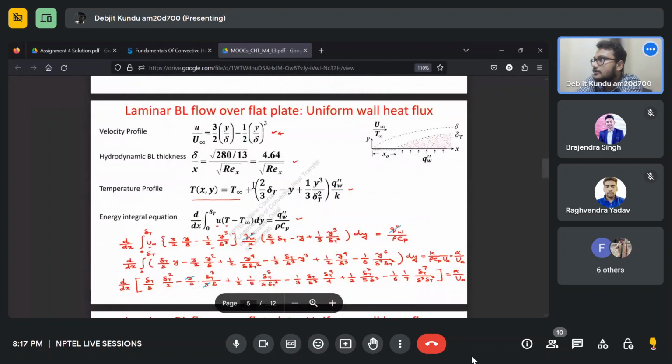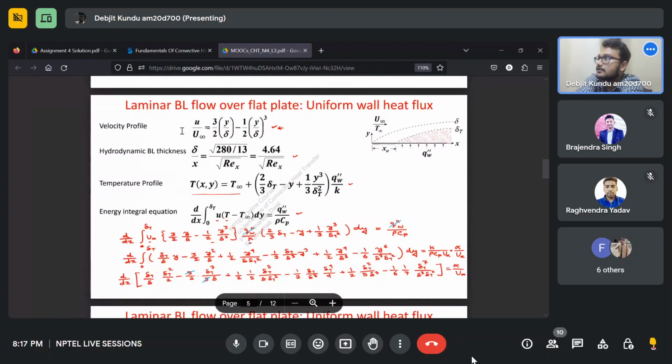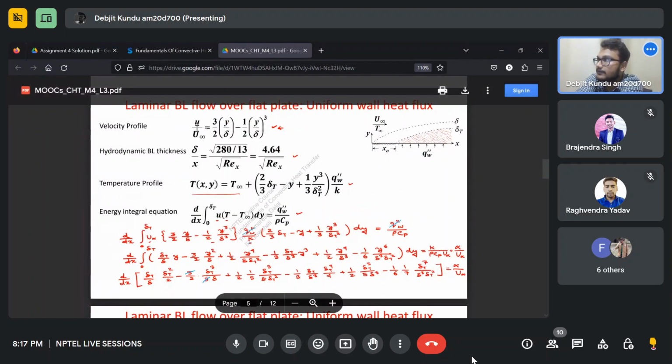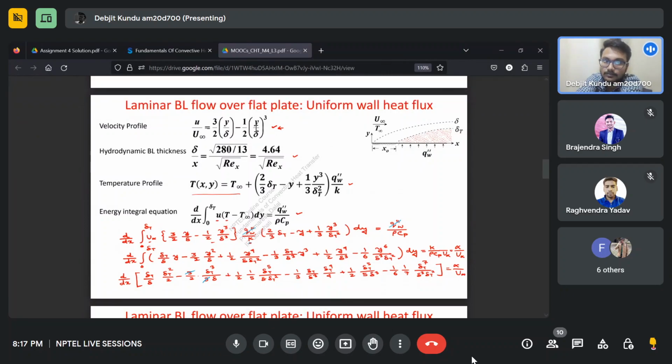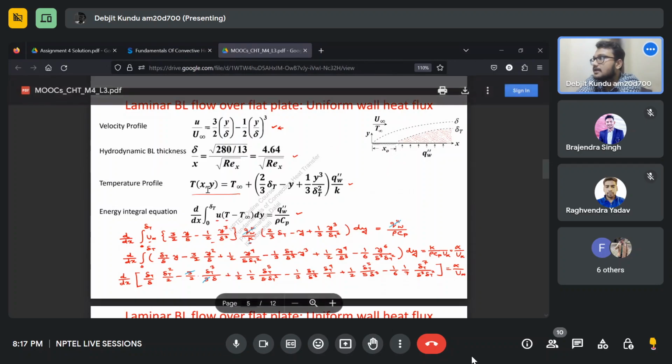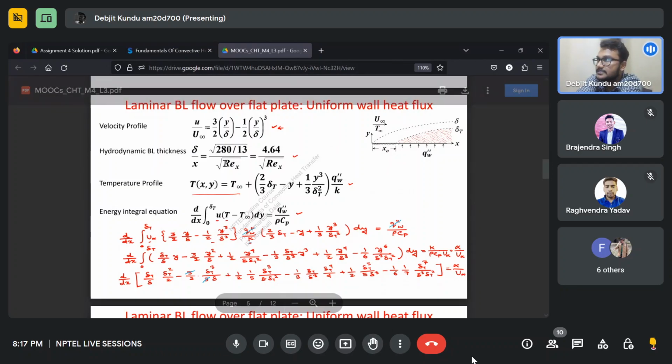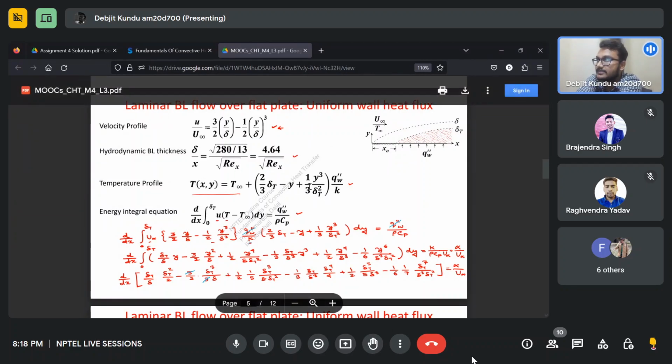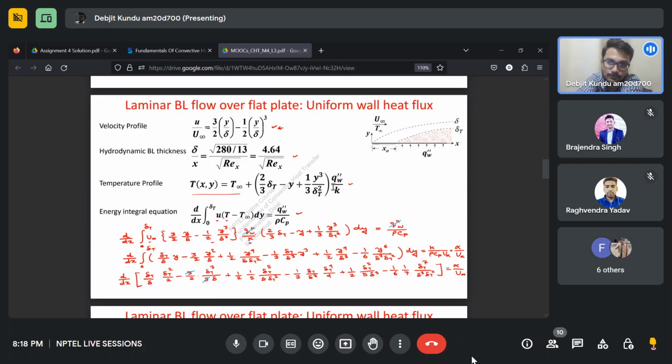Okay, now this is the velocity profile, which I told would be similar to the previous problem. The boundary layer thickness is also given. This is also similar to the question. And the temperature profile is something like this, which we find out by putting in all the boundary conditions.